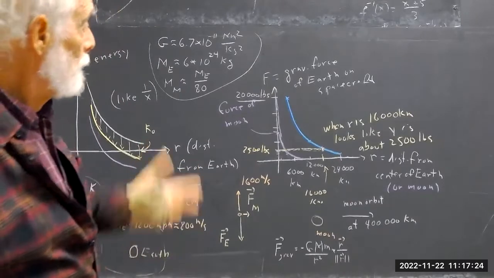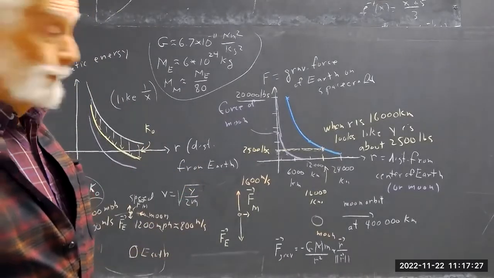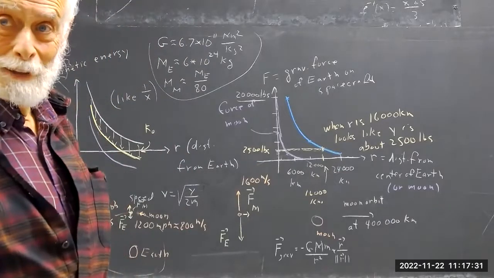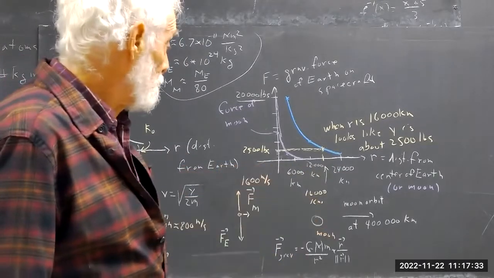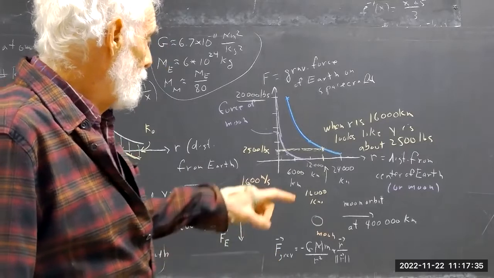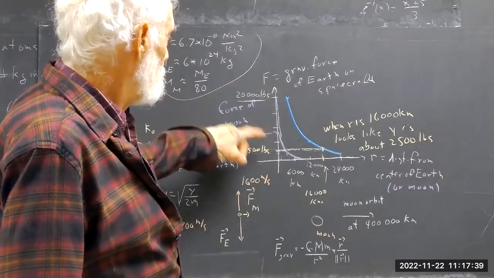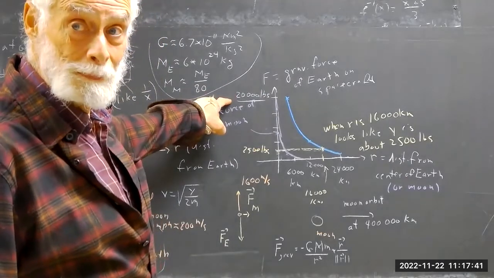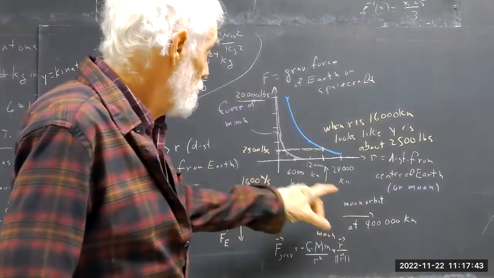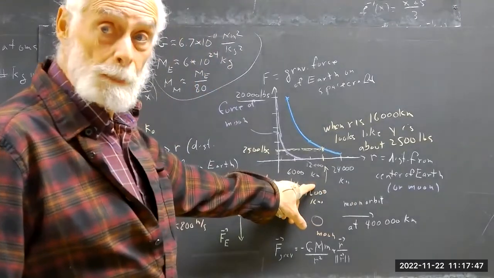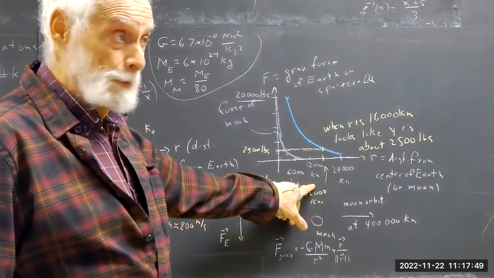curve, but we relabel it. Instead of 2 here, we put 24,000. Okay, that'd be 24,000 kilometers. Instead of 4 up here, we put 2,000 pounds of force. And then the graph scales, so you can tell, if you know how far you are in kilometers from the center of the Earth, the force.